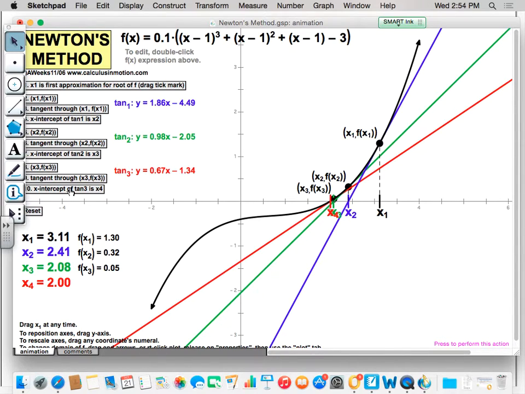It doesn't even matter, you can start way far off and you'll still, as you repeat the process, find the tangent line, find where the tangent line is 0, and use that as your next guess. Then find the next point of tangency, find the tangent line, find where that one is 0, and use that as your next guess. You keep repeating that process and you will slowly close in on the zero.